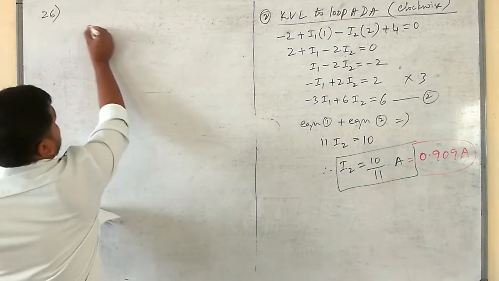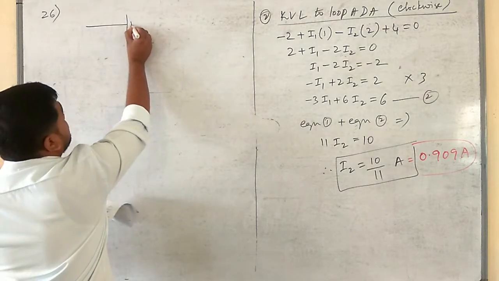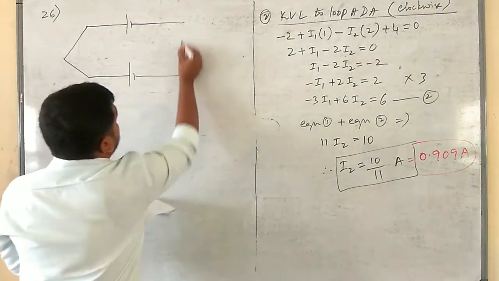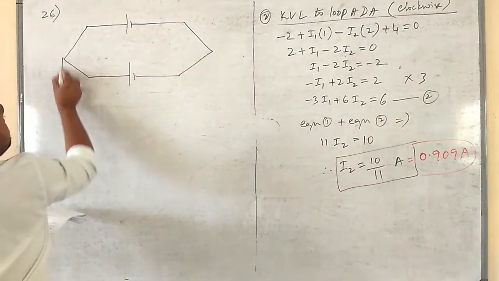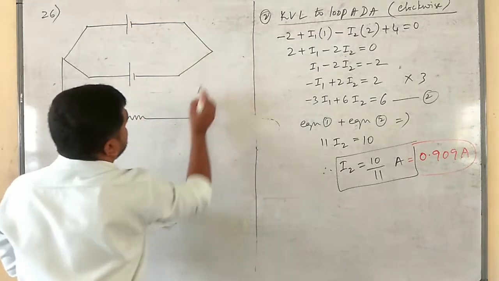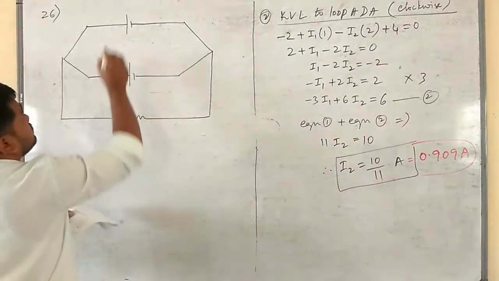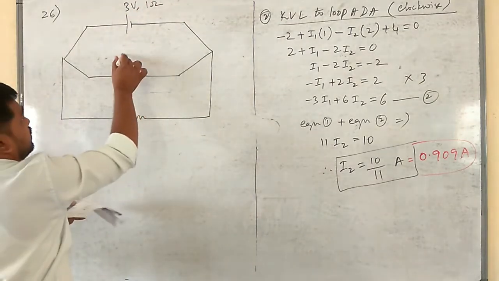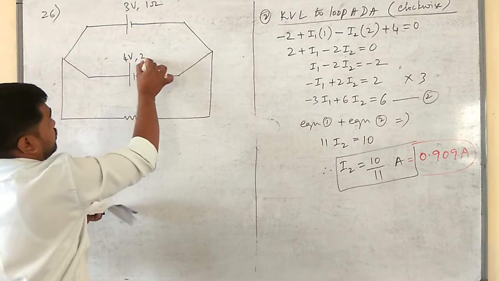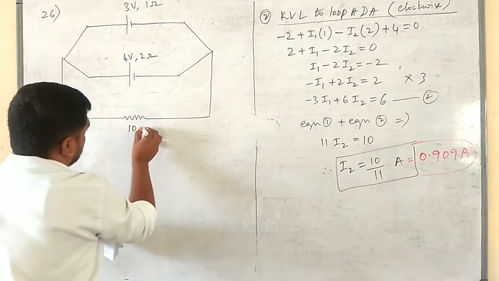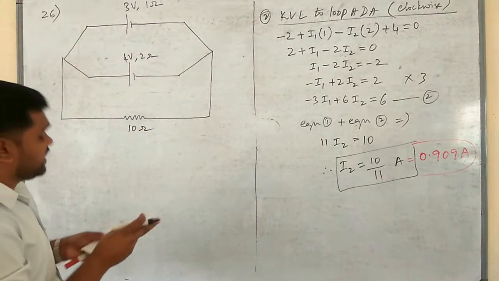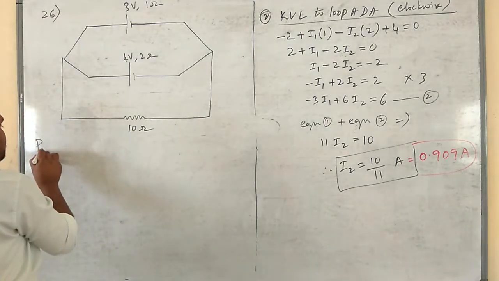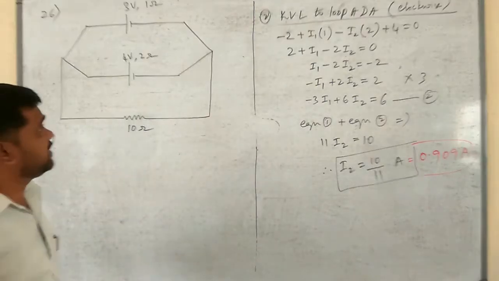Okay, the circuit is given: 3 volt, 1 ohm, 4 volt, 2 ohm. This is 10 ohm. They are asking us to find out the power dissipated in the 10 ohm resistor. Power P10 is the question mark.